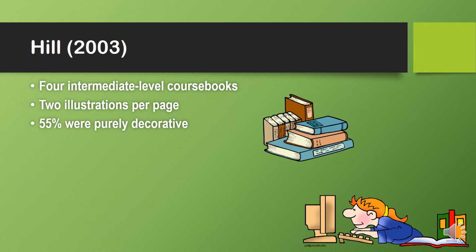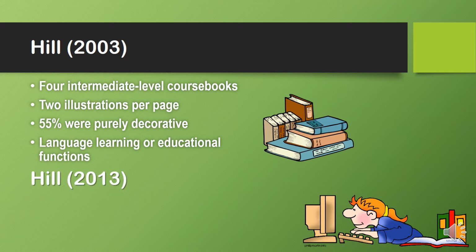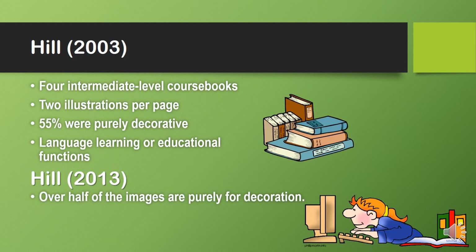His closer evaluation of two course books revealed that 55% of their visuals were purely decorative and did not serve any language learning or educational function. As he updated his study with three more current global course books, he found that over half of the images across the three books are still used purely for decoration.